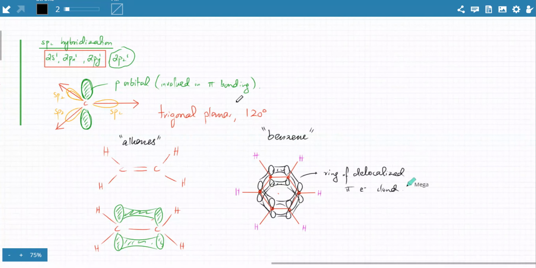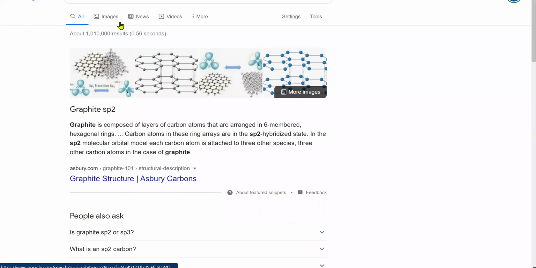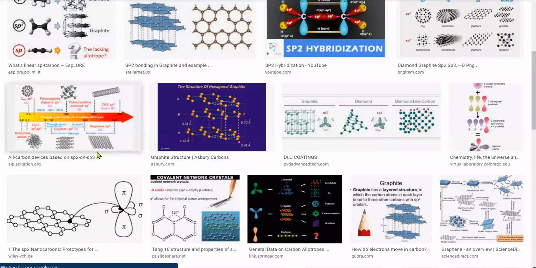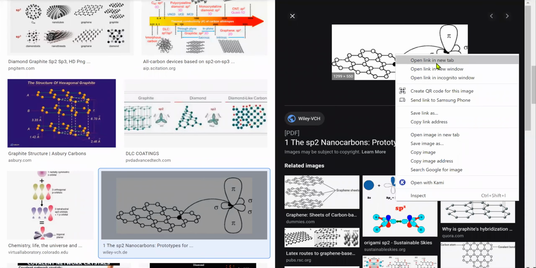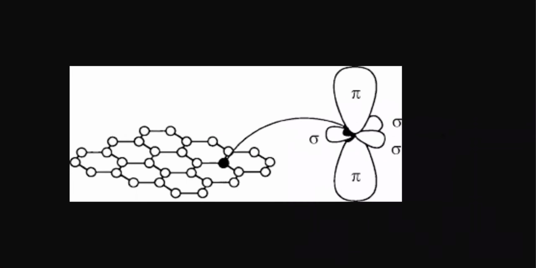And in graphite the same thing happens. If we can find a structure, just a second. Okay, this one is like benzene. It's the same carbon atoms, hexagonal rings, and each one is forming 3 bonds, and one p orbital is unchanged, and all of them had a p orbital, and they start overlapping, and at the end of the day you get a delocalized electron cloud that's spread everywhere.